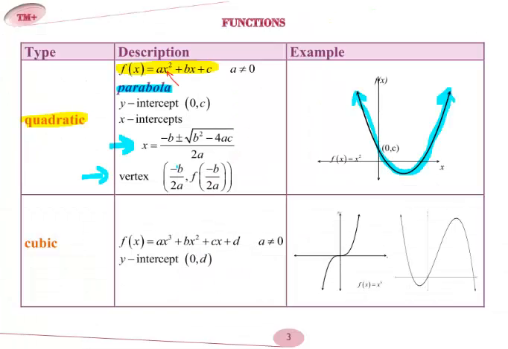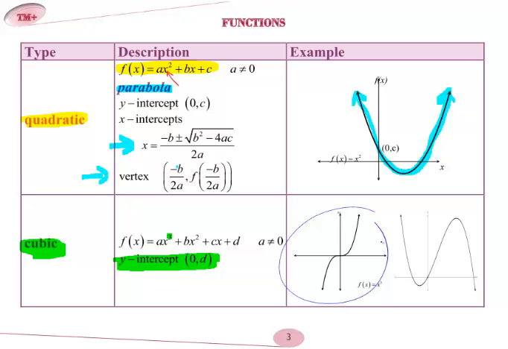The next one is a cubic, something different they haven't seen before. Whereas in a quadratic the highest power was 2, in a cubic it's 3. Kind of makes sense, doesn't it? Again, the y-intercept is given by (0, d), because if you plug x = 0 in here, you get d. Now we have two types of cubics. This one here is what we call a basic cubic, of the form f(x) = x³.